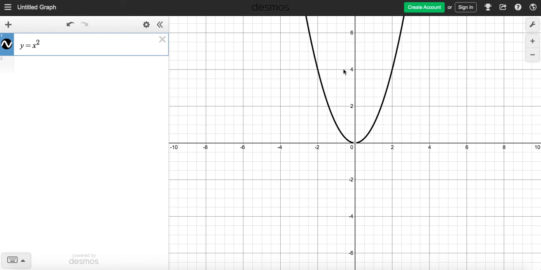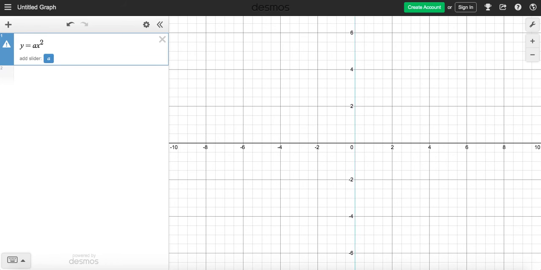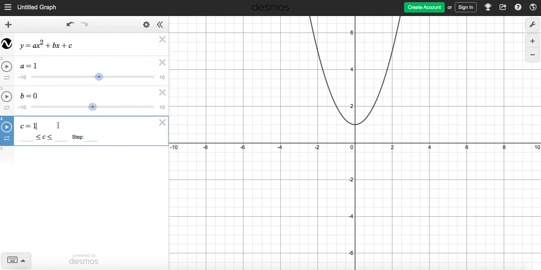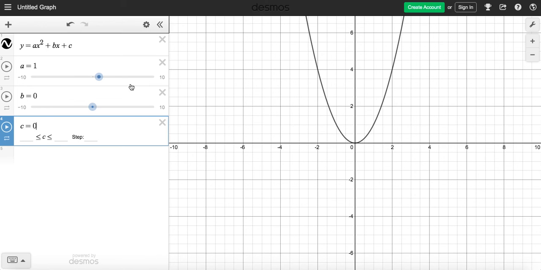So now I'm going to set up some sliders here just to demonstrate what these things all do. I'm going to get these down to 0 and 0. So we start with our standard parabola. And now, let's look at what a does. So the thing we're multiplying x squared by.